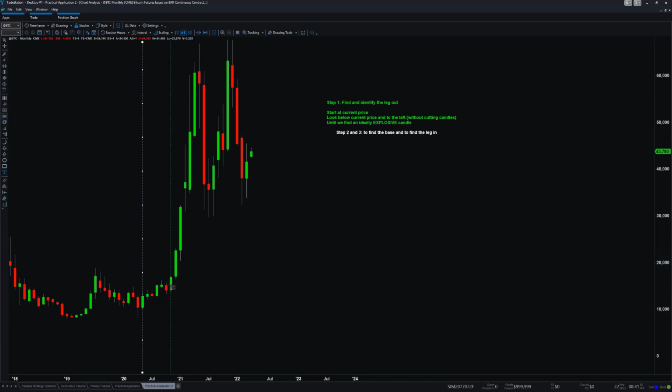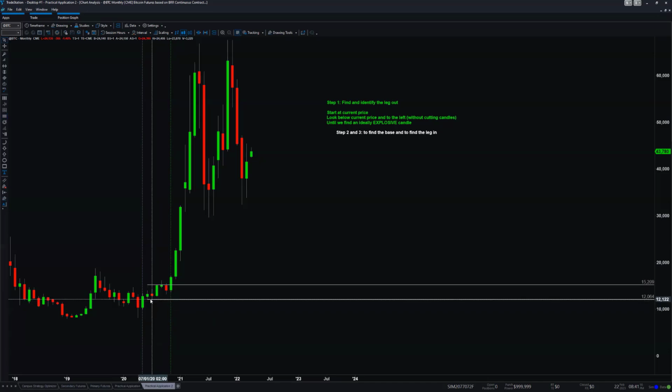If I have the preferred version, the proximal goes at the highest body of the basing candle. So all of these are my basing candles. And my distal goes to the lowest wick of my basing candles. Now this is my basing candle as well as the leg out. Here I have a small wick, then I go here, I have to go here, and then this is the lowest wick of my basing candles.